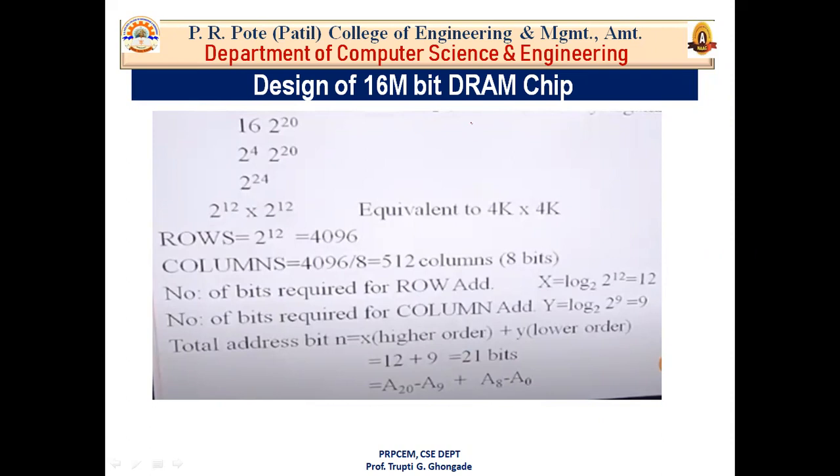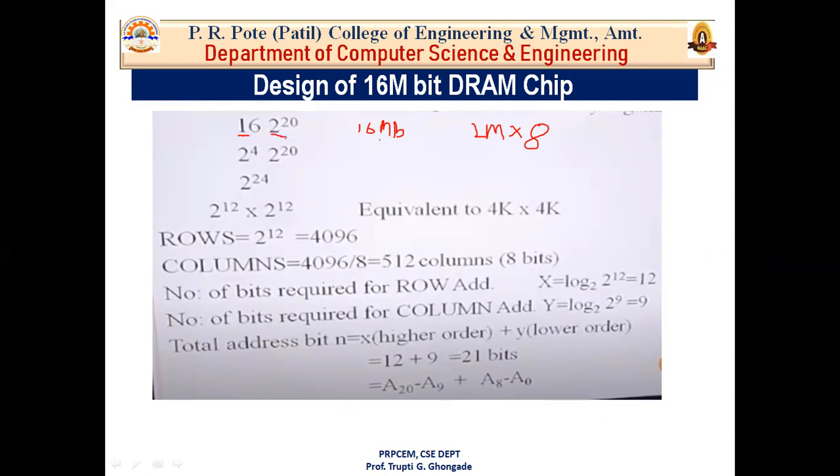It is also called 2M by 8 DRAM memory organization. The 16 can be written as 16, and M stands for mega, that is 2 to the power 20 bits.